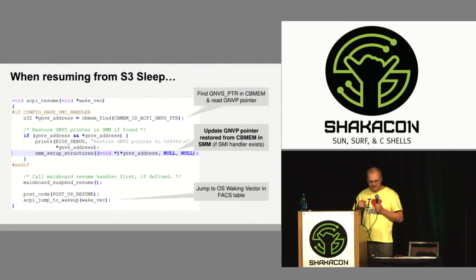When the system goes to sleep and wakes up, the system needs to restore the state. And when the system is restoring the state, it's supposed to initialize all necessary registers and all of the necessary structures, including ACPI tables.